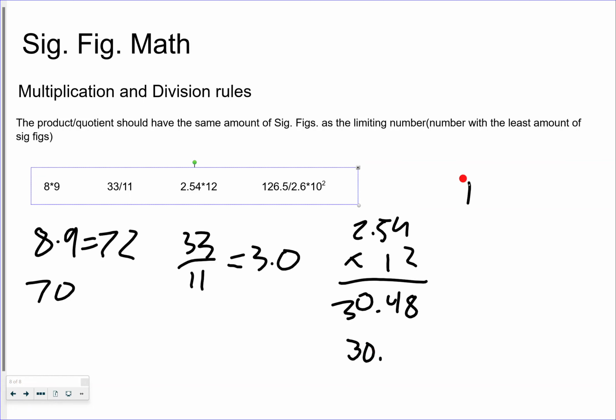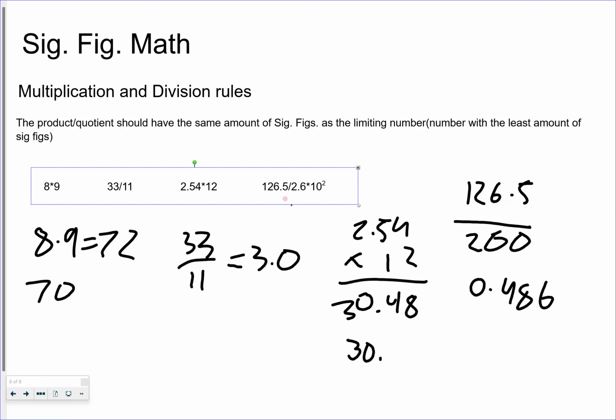Lastly, we have 126.5 divided by 260. When we crunch the math on that, we get 0.486. One thing that you should get in the habit of doing is thinking about the sig figs while you're doing the problem.